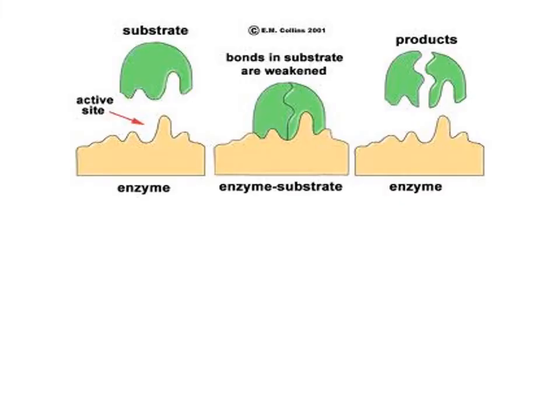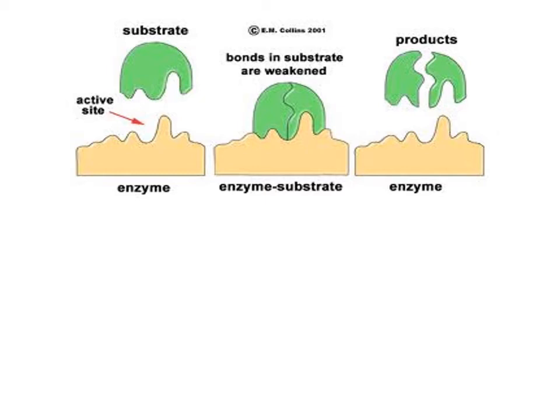Okay, and this image is showing you exactly that, right? So in the first image at the top, you see a substrate coming in to the enzyme. The substrate and the enzyme are a perfect fit.